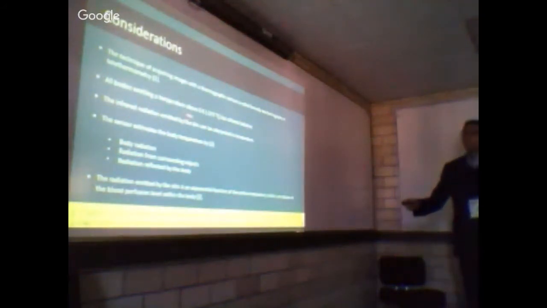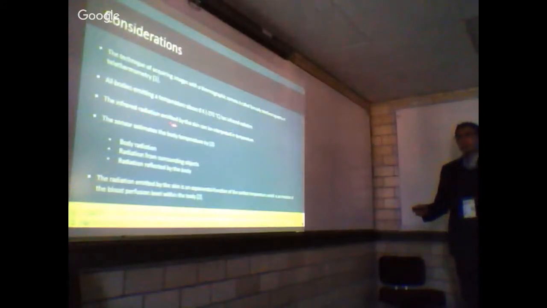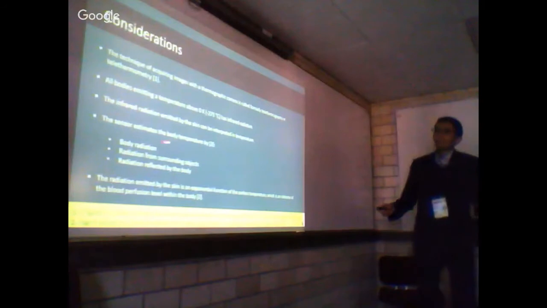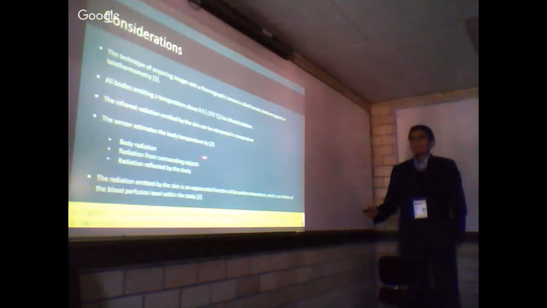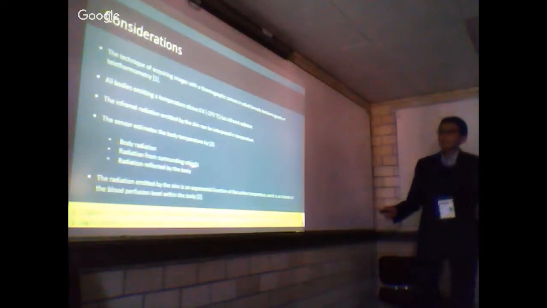All bodies that have a temperature above absolute zero emit infrared radiation. It means that the infrared radiation emitted by skin can be interpreted as temperature. The sensors that we use to estimate the body temperature take three things into consideration: the body radiation, the radiation of the surrounding objects, and the radiation reflected by the body.